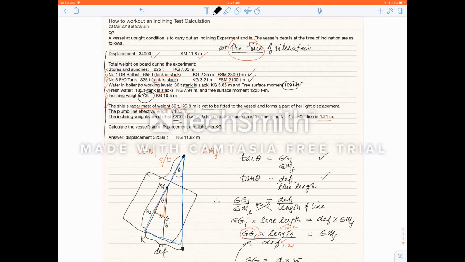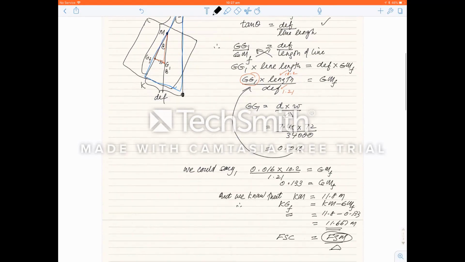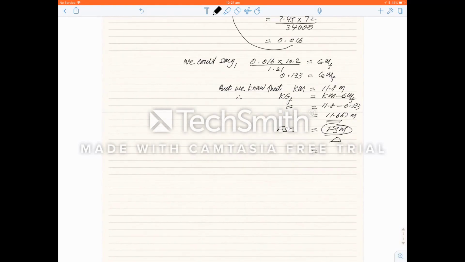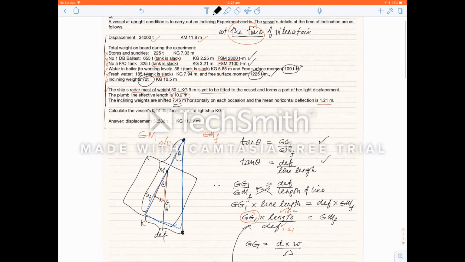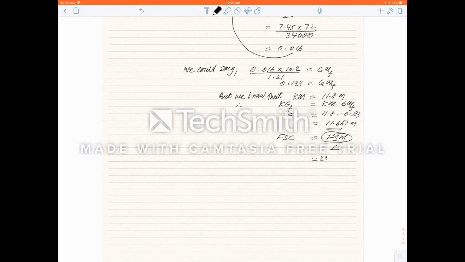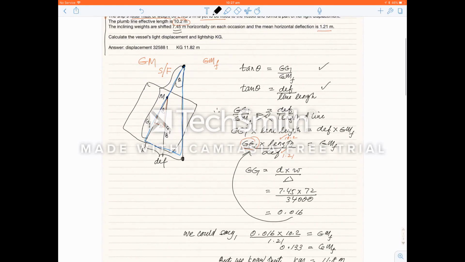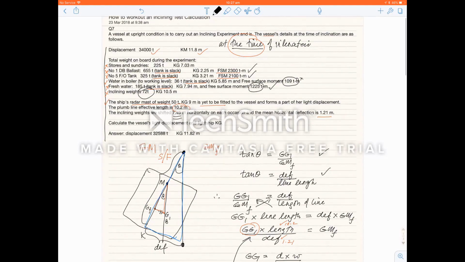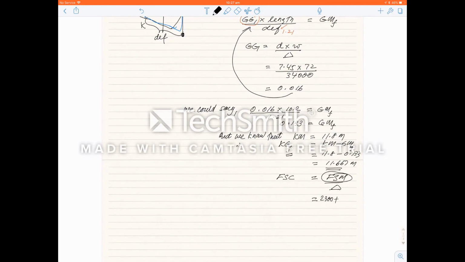Oh, sorry, there is another one. Freshwater tank has free surface. So our total free surface moment is equal to 2,300 plus 2,100 plus 1,225, divided by, at the time of inclination, the displacement of 34,000.